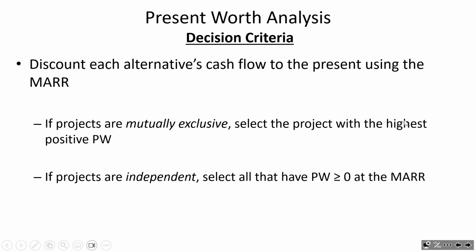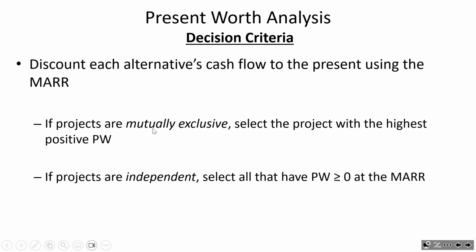So this rule, the decision criteria, says it's not just the project with the highest present worth, it's the highest positive present worth. Because if both of your options have a negative present worth, then that means go for the do nothing option. Remember, do nothing is always an alternative.